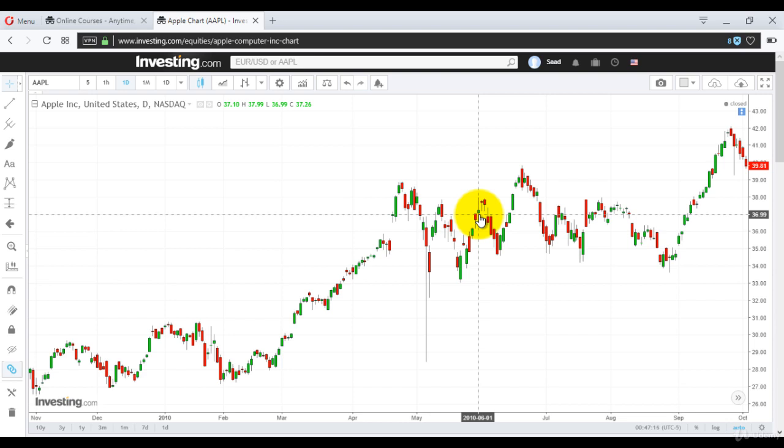That is the body. It could be green, that is, profitable from the open of 37.10 to the close of 37.26 right here, or it could be red, that is, the open is 37.10 and it could close, let's say, at 37.8, so it will show a red candle.